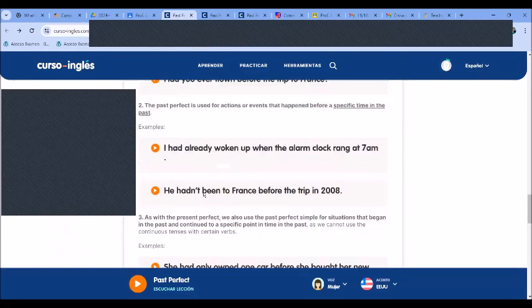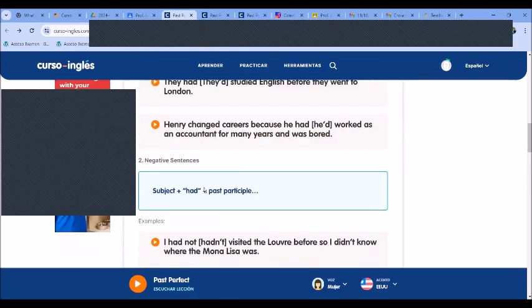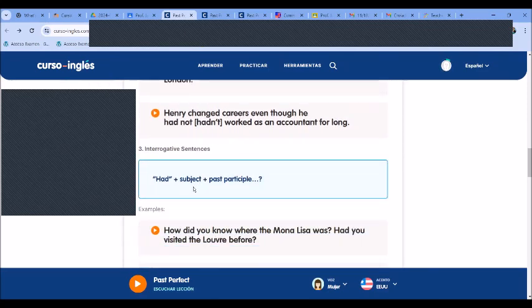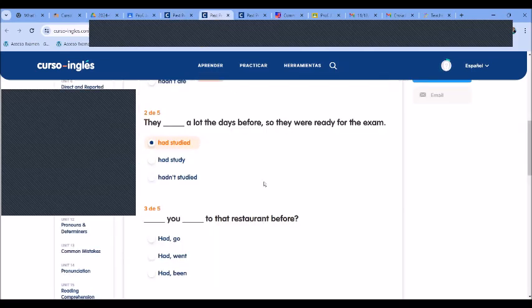When it's in question form, our structure tells us we will use the participle. So we'll have a question word or had, depending on our question. So had you, past participle. Same thing here. Had you, what's the past participle best suited for this sentence?